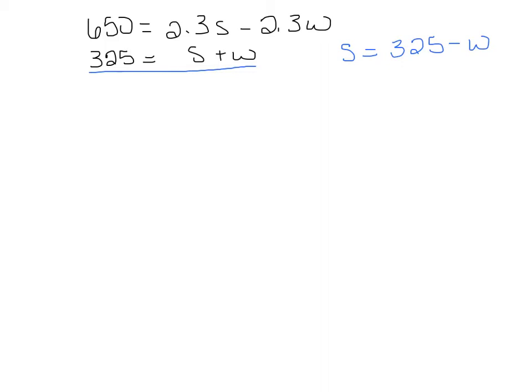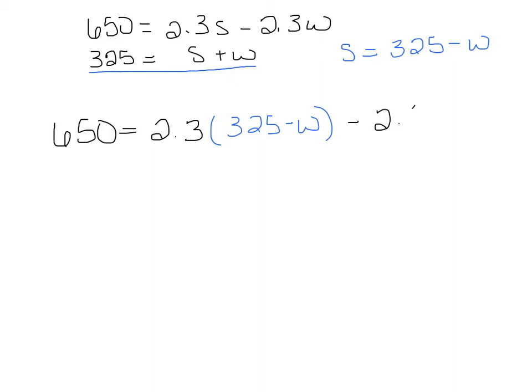So what I will do is I will take the first top equation, 650 equals 2.3s minus 2.3w, and where I see an s, I'm going to substitute it in for what s is, the 325 minus w. And now I have one equation with one variable, just W. So I'm going to solve for the wind speed first, and then I will go back up and figure out what the plane speed is.